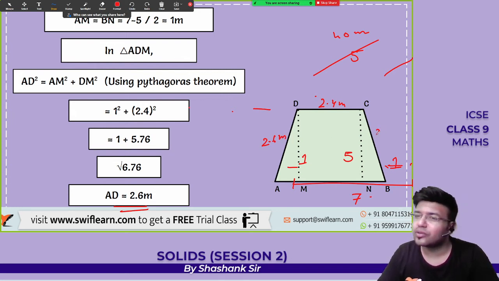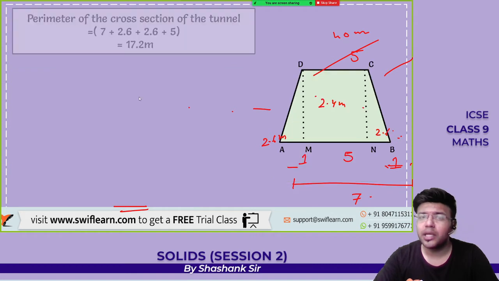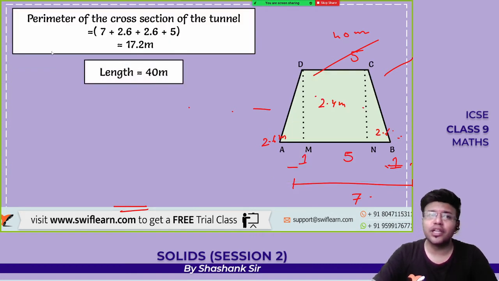Similarly, CD is also 2.6 meters. So the area of painting this wall is 2.6 meters into the length, 40 meters. We have two walls like this, and 2.4 meters into 40 meters. This will be the area which needs to be painted.